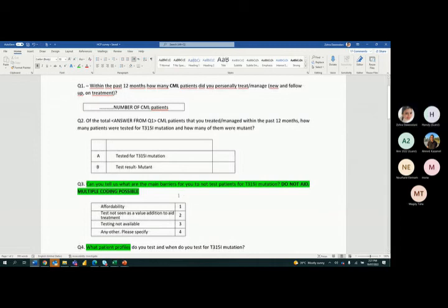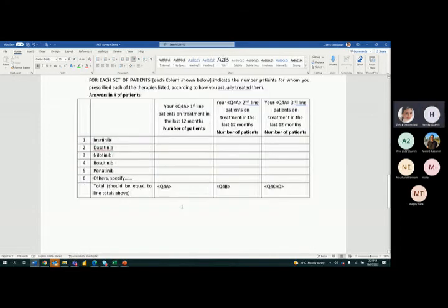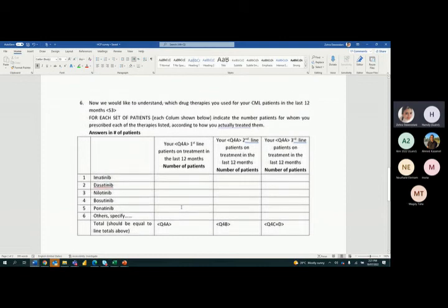Okay. Also, some general idea about how CML is treated. CML is always treated with imatinib as the first line of treatment because this was the first drug ever to be launched as the gold standard of CML treatment. Imatinib is always used in line 1. Then you have dasatinib, nilotinib, which also take some share in line 1. Line 2, you will not really see imatinib, you will see all the other drugs.